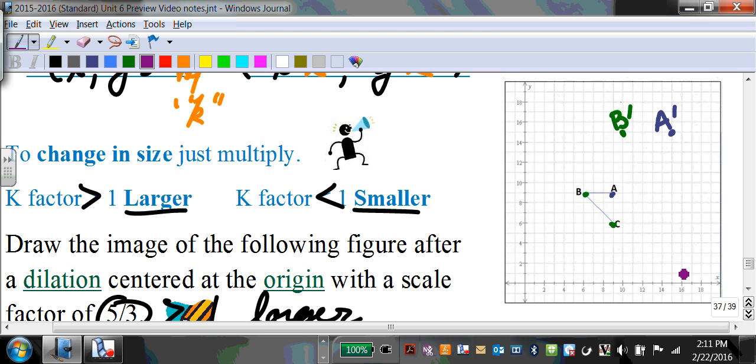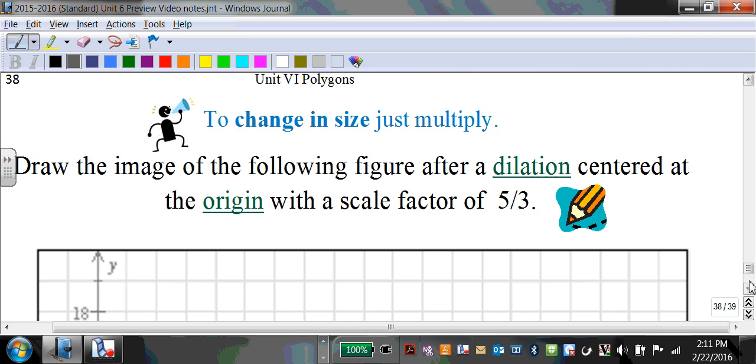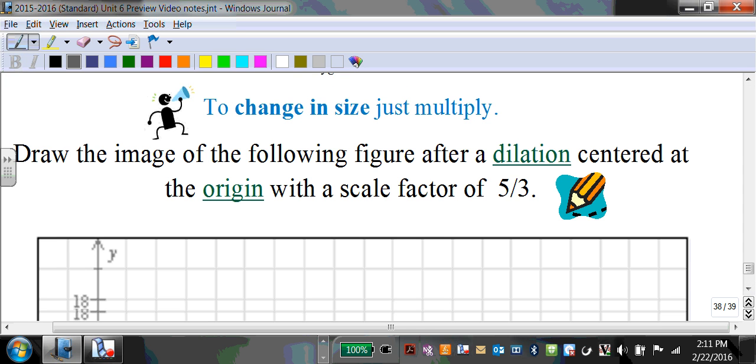And 15, 10. 15. And when you close it up, again, the exact same shape, but it's obviously larger than this one, which makes sense because it's 5/3. All right, this last one, you're going to dilate that one completely on your own.